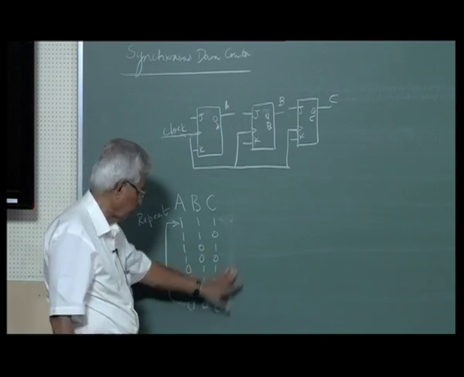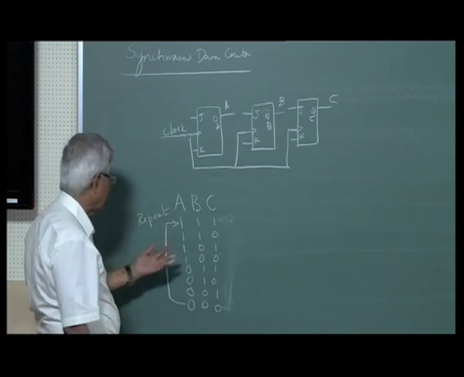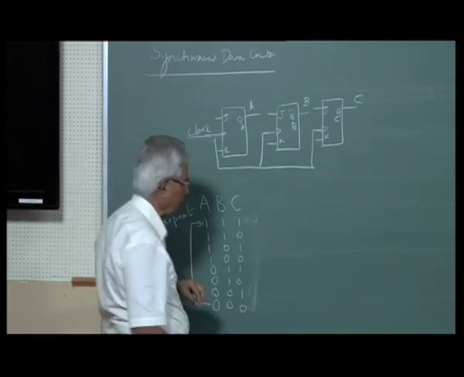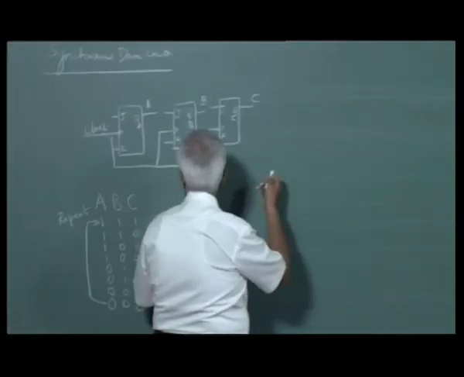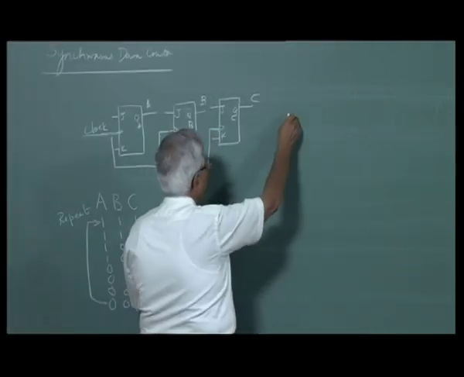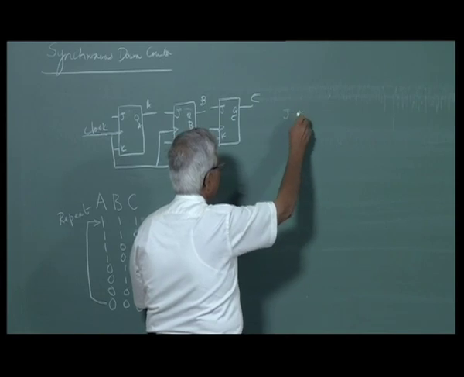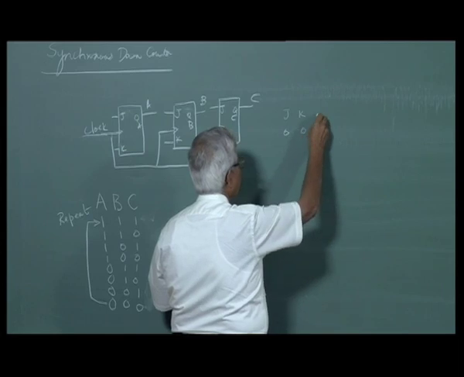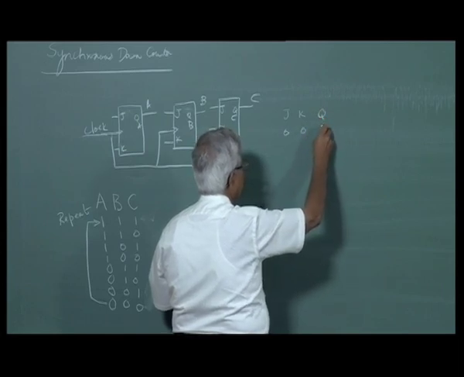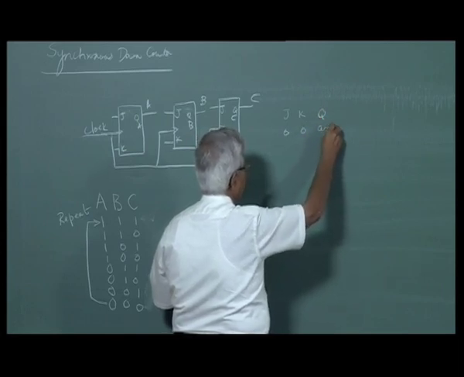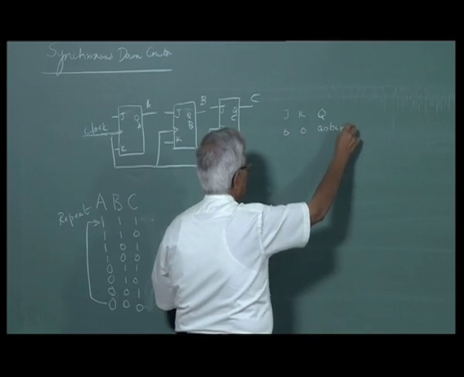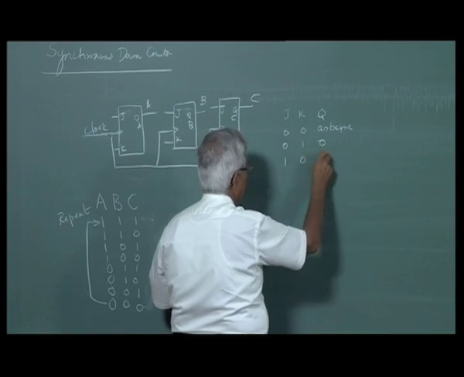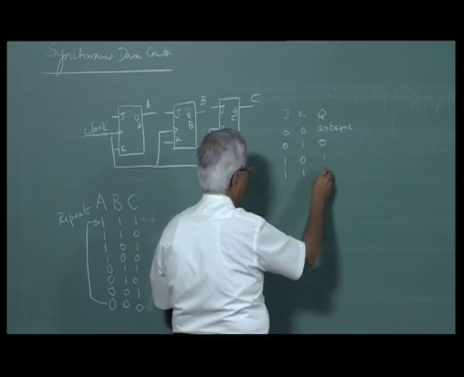Now, one simple method is to look at what is the present C, what is the next C. We know in the JK flip flop, the truth table or the characteristic table is 0 0, Q remains as before, no change, 0 1, Q is 0, 1 0, Q is 1, 1 1, Q becomes toggle, Q bar.